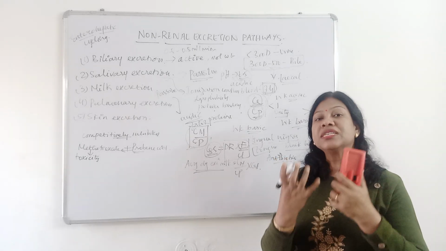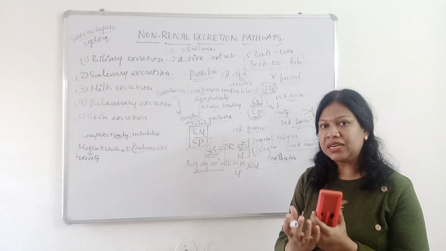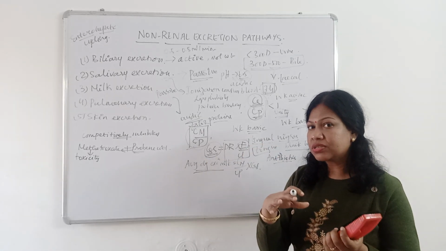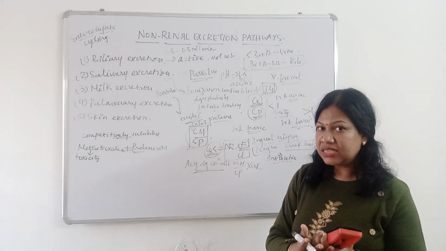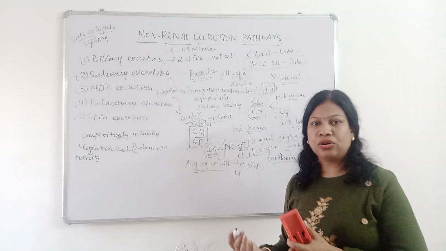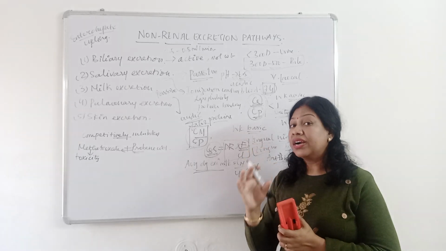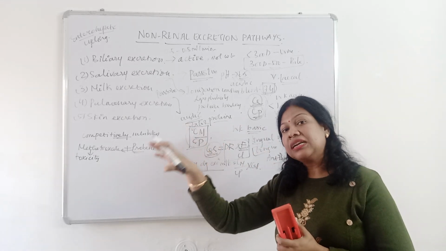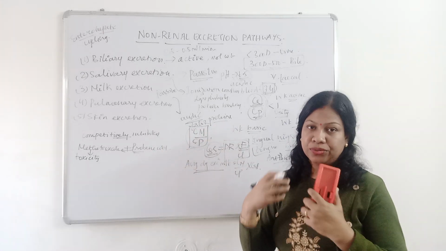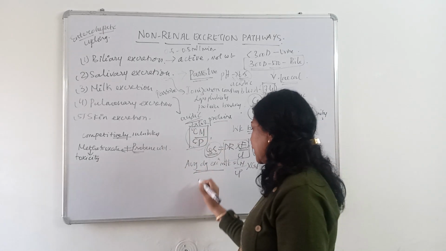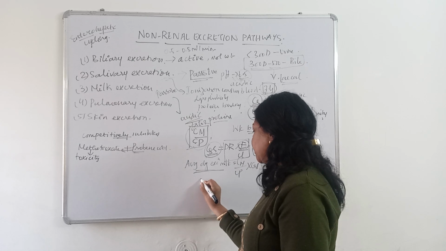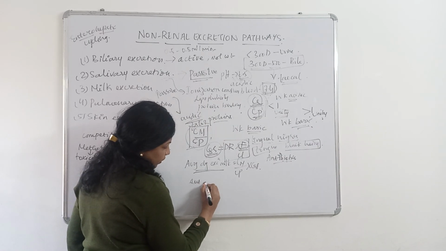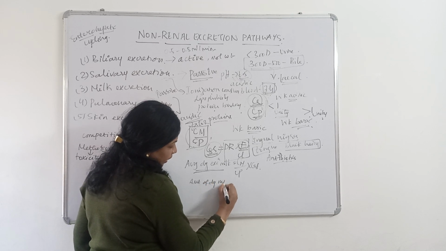If you know how much drug has been excreted in milk, then how much drug will reach the infant, and whether it may be toxic or a matter of concern, can be decided only when you know how much the infant is going to take.